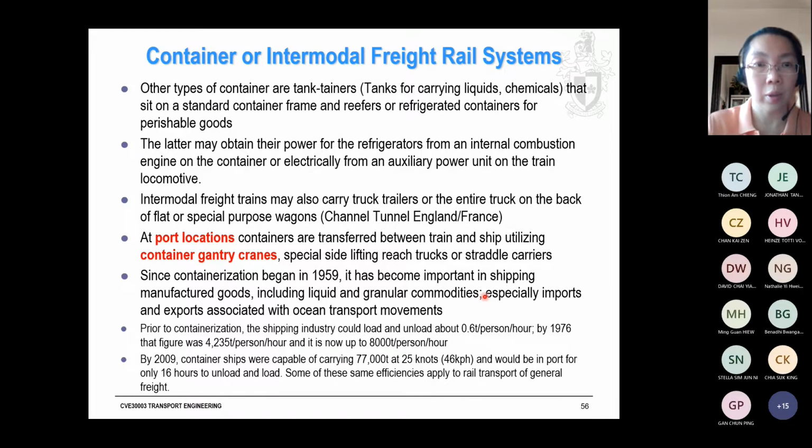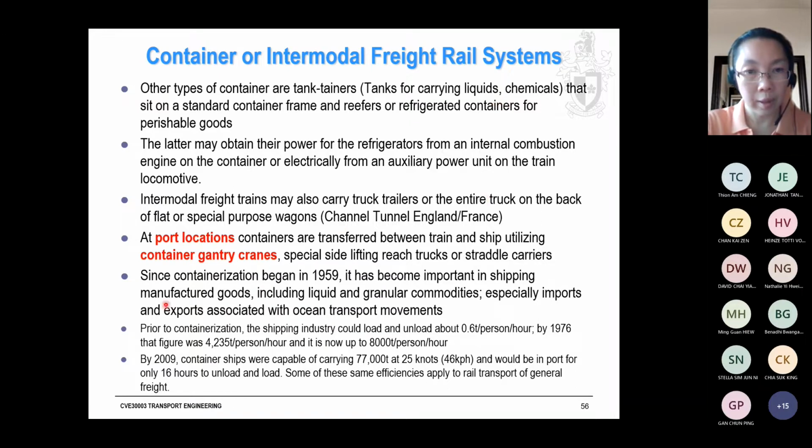Usually this is at port locations, and we would need container gantry cranes to transfer between train and ship, to load from train to ship or ship to train. Other types of intermodal freight are tank containers for carrying liquids or chemicals, hazardous or non-hazardous. So we may have that type.